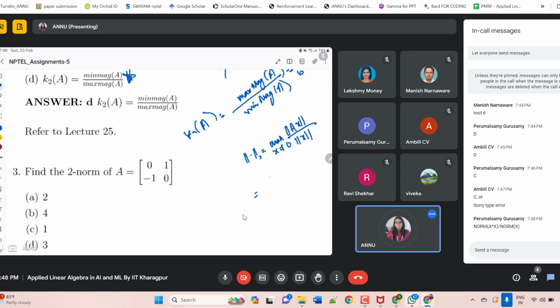So the matrix is 0 minus 1, 1, 0, multiplied with x1, x2. The norm of x is nothing but x1 square plus x2 square.